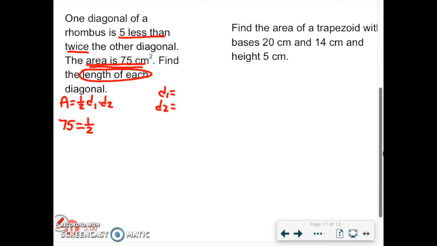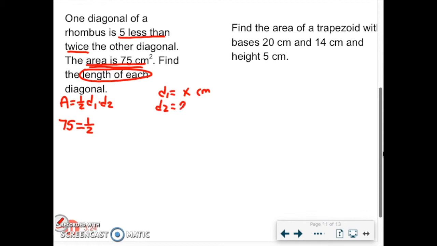I know that one diagonal is 5 less than twice the other diagonal. For the first one, I'm just going to call it x. We're just going to say that first one is x centimeters long. The second part is where we go to that 5 less than twice thing. The other diagonal is 5 less than twice of x.